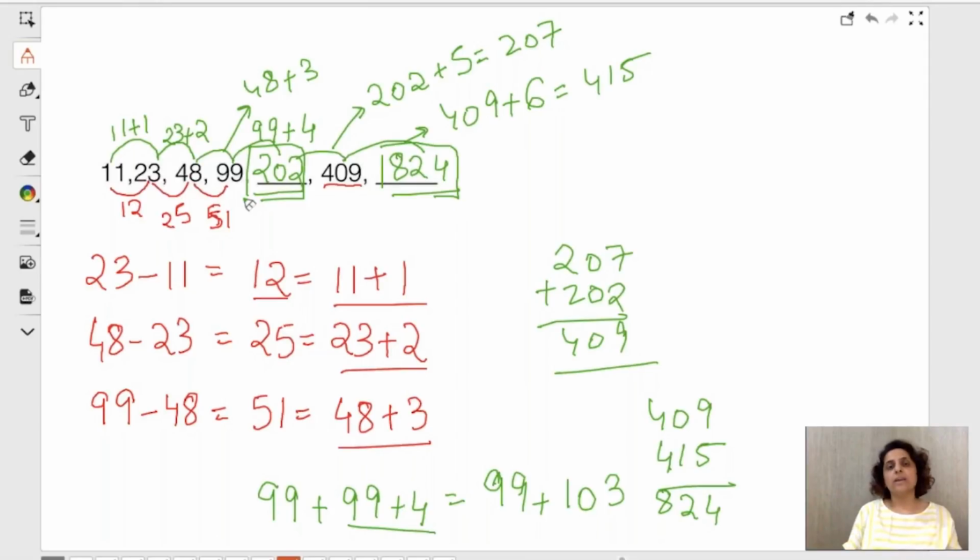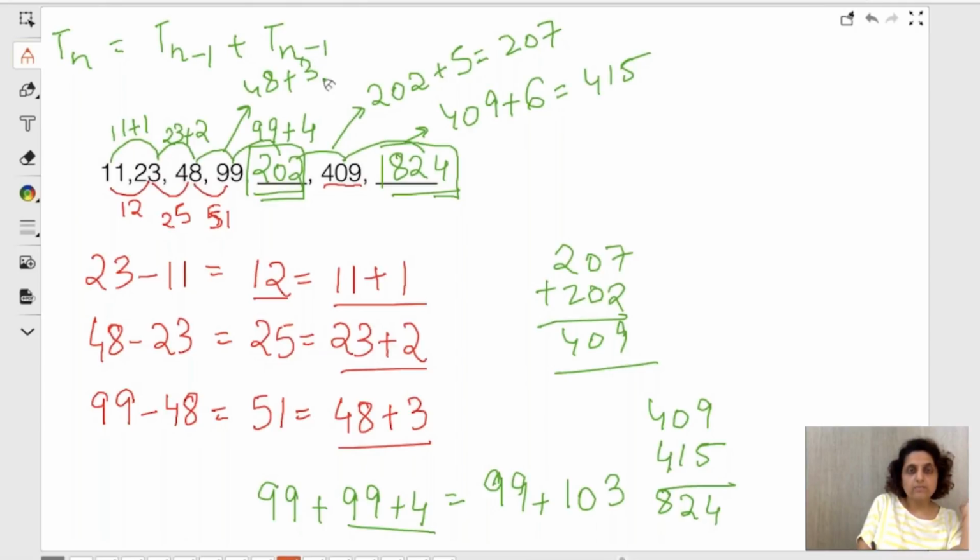If I write the general term for this series, Tn is nothing but Tn minus 1 plus n, or we can write it as n minus 1 here. So this is how we get the nth term of the series.